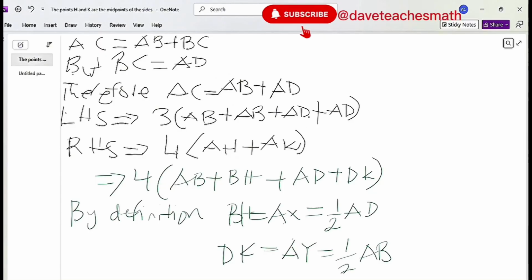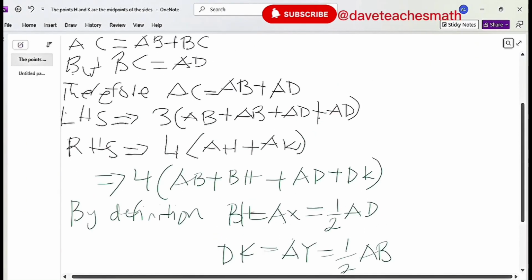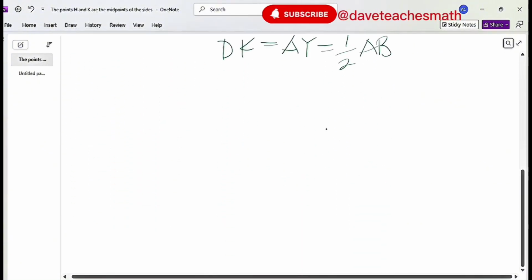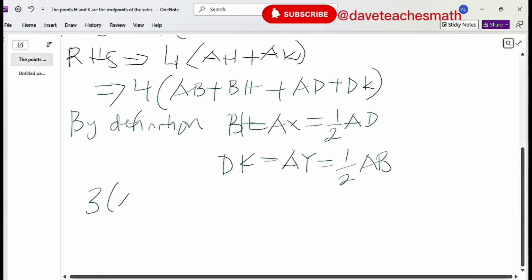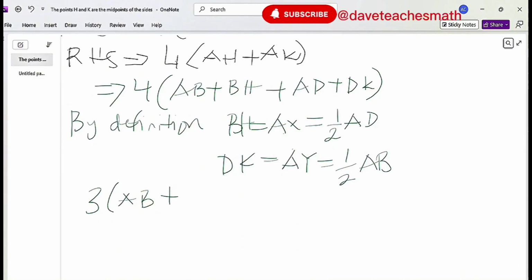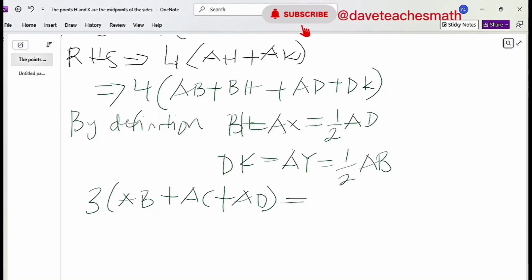So now let's equate them and then prove the equation. Back to our initial equation, which says prove that 3AB plus AC plus AD is equal or equivalent to 4AH plus AK.